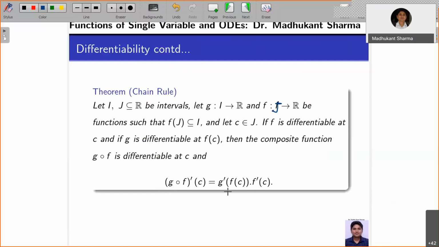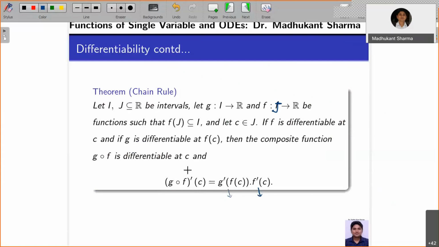First you differentiate g, then the argument f of c: g dash of f of c times f dash of c. So you require that f must be differentiable at c, and g is differentiable at f of c. Then the composite function is differentiable at c.